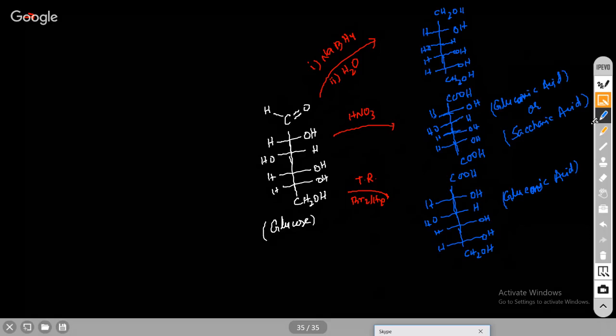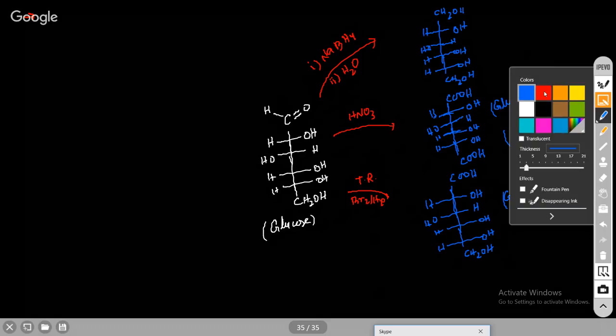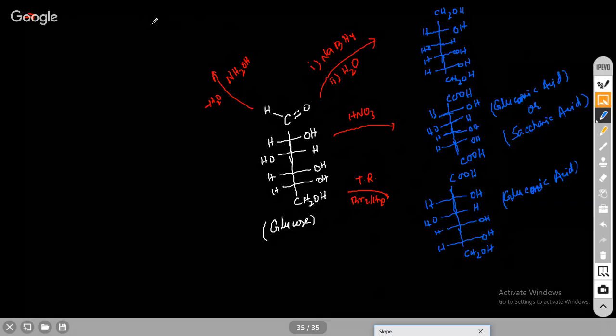Now, when this reacts with NH2OH, what happens when aldehyde reacts with NH2OH? H2O goes out and we get oxime, formation of oxime, right? That is here H2O goes out and we get C double bond NOH.